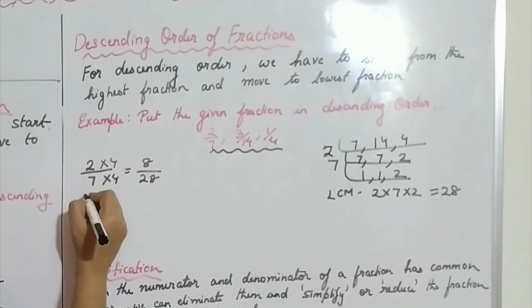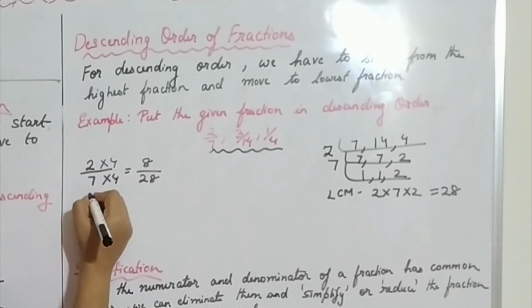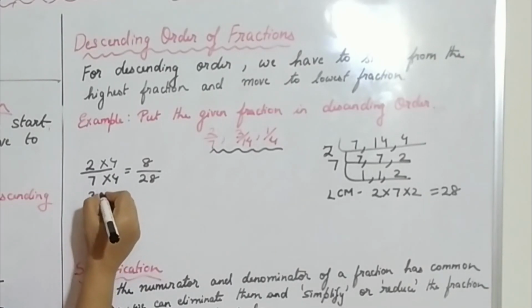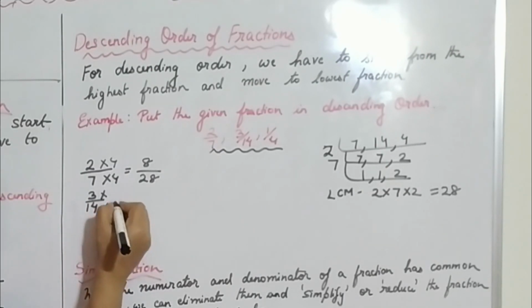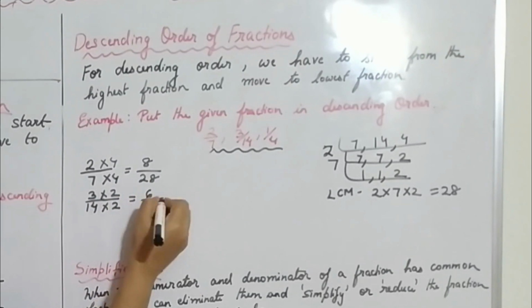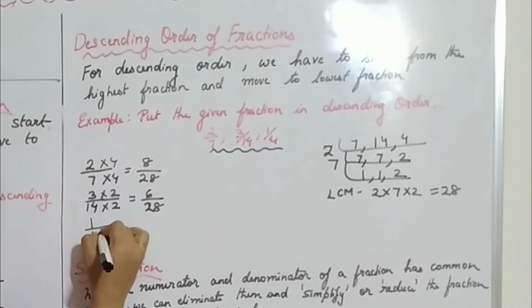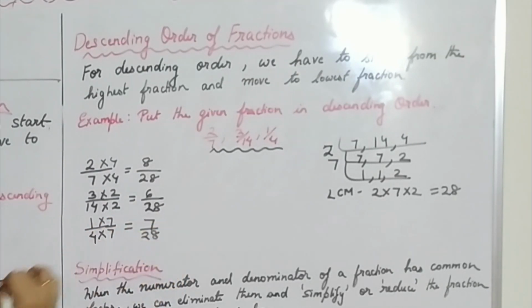So this is the first fraction as a like fraction, 8 by 28. The second fraction is 3 by 14. 14 into 2 is 28, so you multiply the upper one by 2 as well, and it becomes 6 by 28. Now the third one is 1 by 4, and you multiply both by 7 to make the denominator 28, then the numerator becomes 7.